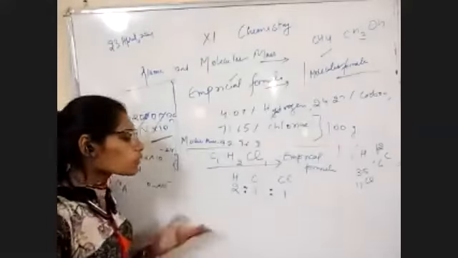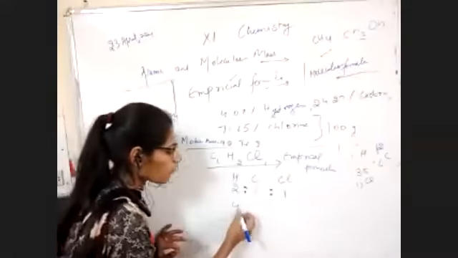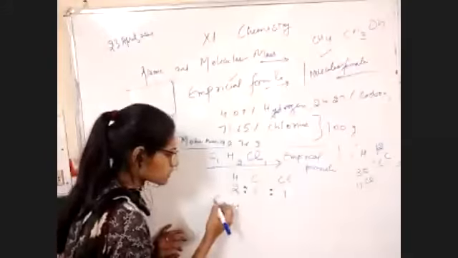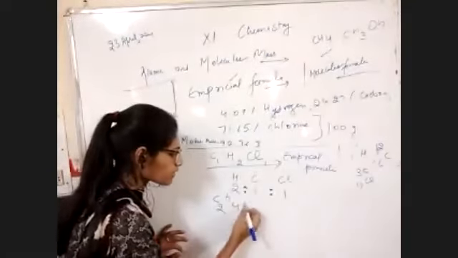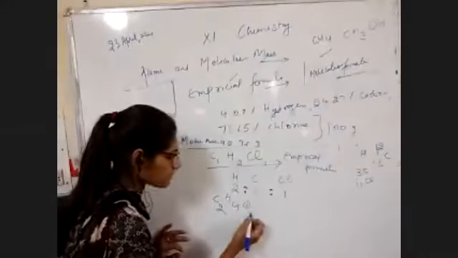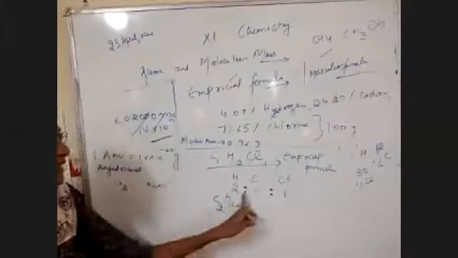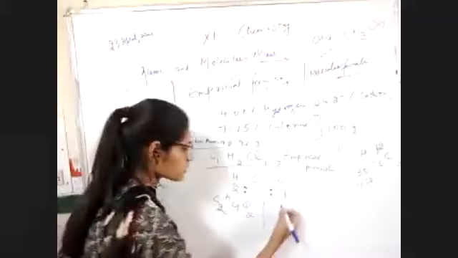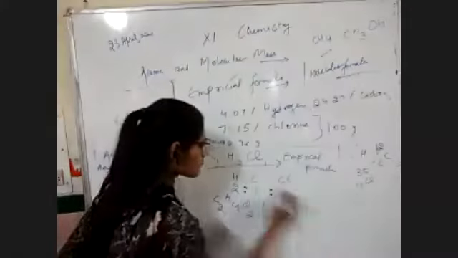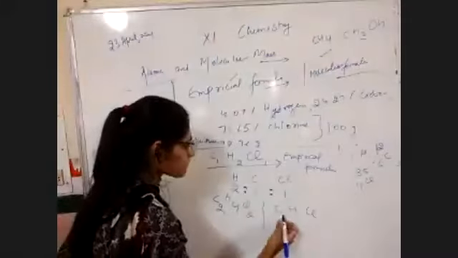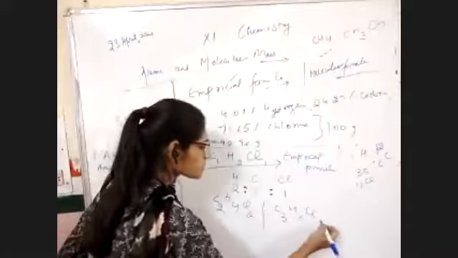The molecular formula could be either, suppose, C2H4Cl2, or any kind of this in the ratio of this, or we could have CHCl, suppose 3,6,3.